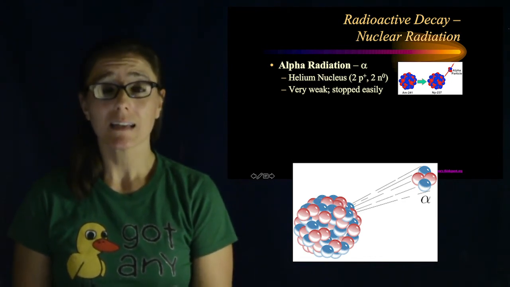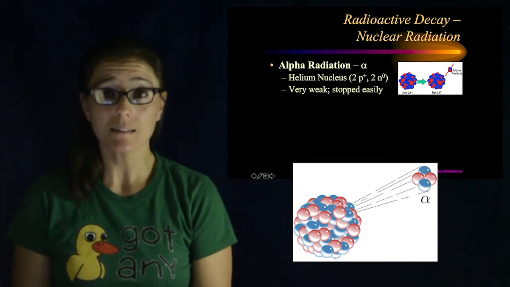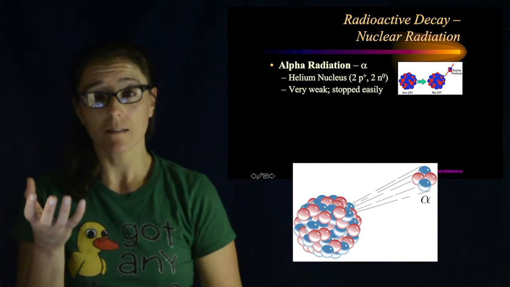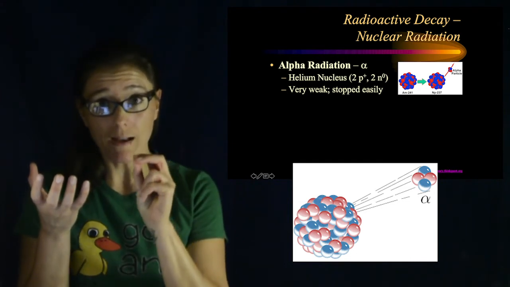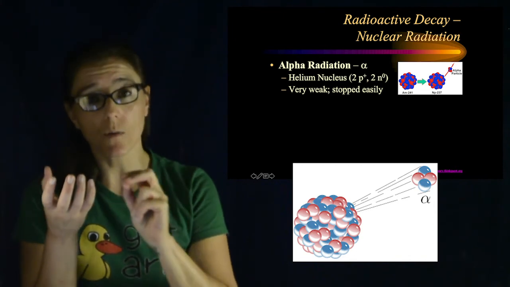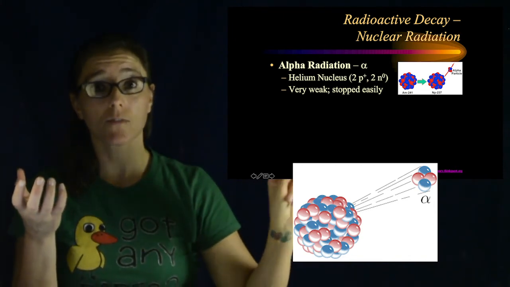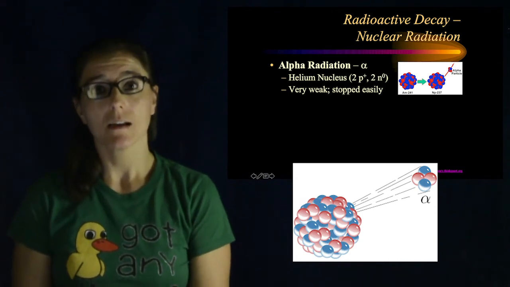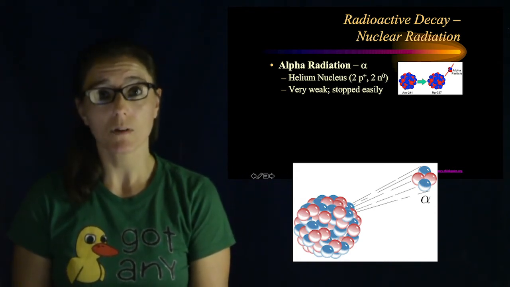Alpha radiation comes out at a high energy because it is in fact being emitted from the nucleus. And so if you have a positive nucleus and then a little positive alpha particle that's made up of 2 protons and 2 neutrons, it's going to rapidly repel away from the nucleus of the original atom. And so again, it is a high energy helium nucleus that is emitted from the nucleus of an atom.